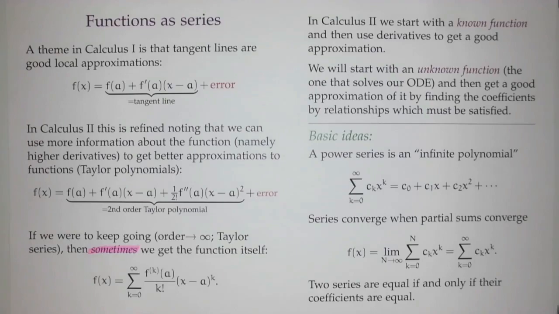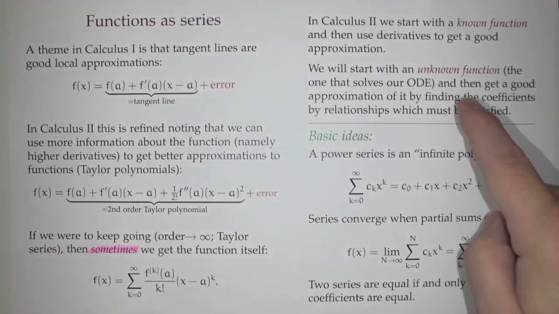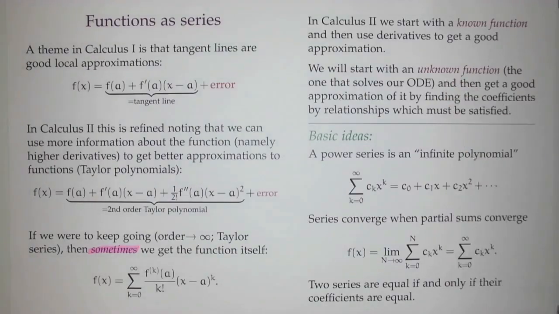But basically, what's the idea? The idea is that we started with a function that we knew, and then we said, okay, here's what the series is. We're going to do something else, but not too far off. We're going to start with something we don't know, namely our solution. We don't know the solution to our differential equation.